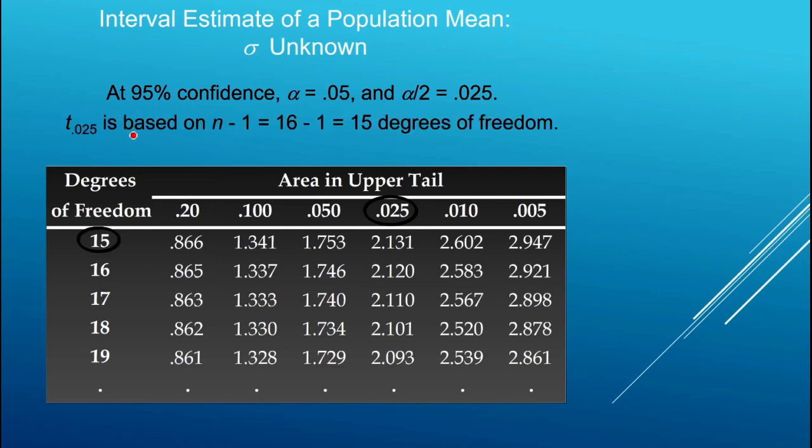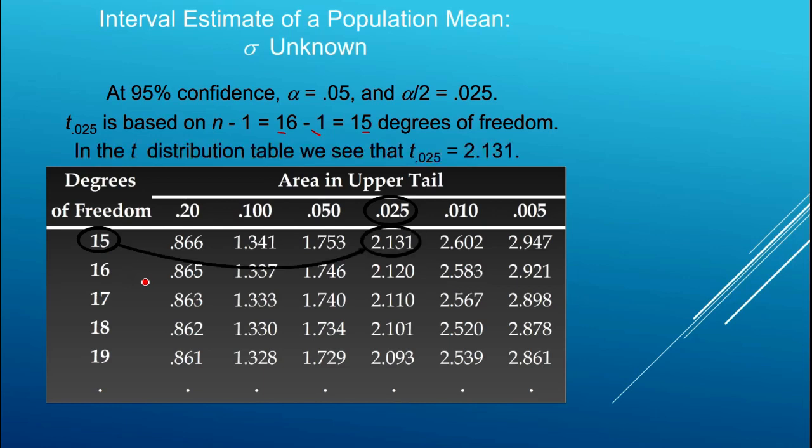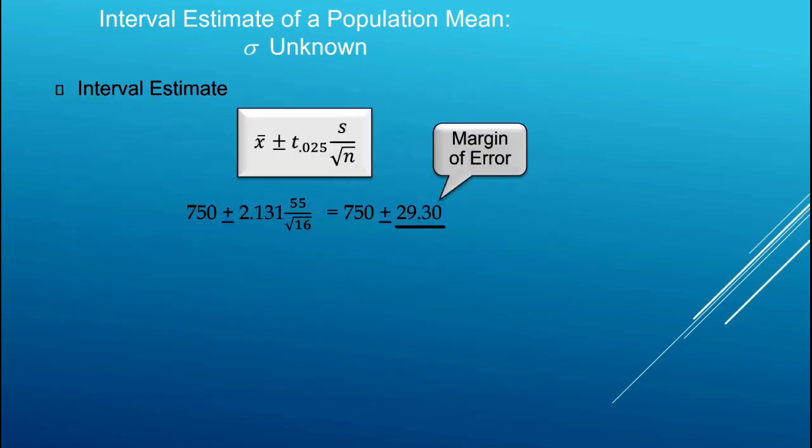The degrees of freedom here for t 0.025 is based on n minus 1 degrees of freedom. So our sample size is 16. 16 minus 1 is 15 degrees of freedom. So we look up 15 in the degrees of freedom column, and we find where the 0.025 and the 15 intersect each other right there. So this value of t that we need in order to construct our margin of error is equal to 2.131. Keep that in mind.